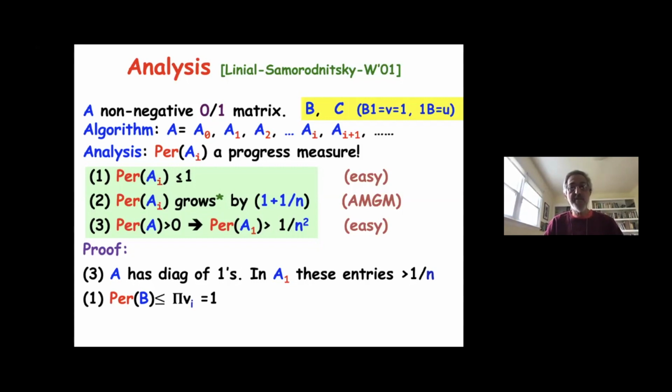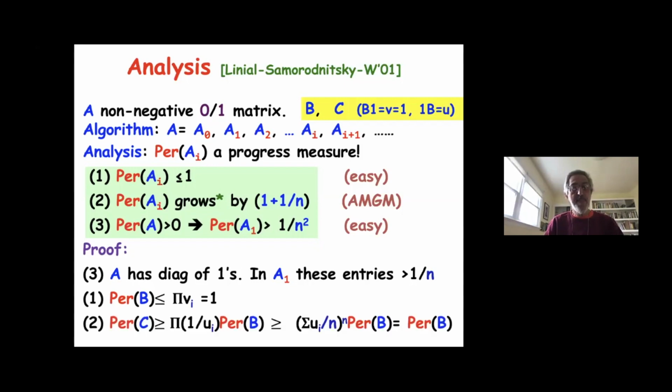So let's see what happens when we move from B to C. I claim that the permanent increases, so let's look at the permanent of C. How was it obtained from B? We just multiplied by the inverses of the column sums, the product of 1 over u_i. We see a product, which suggests the arithmetic mean, geometric mean inequality.